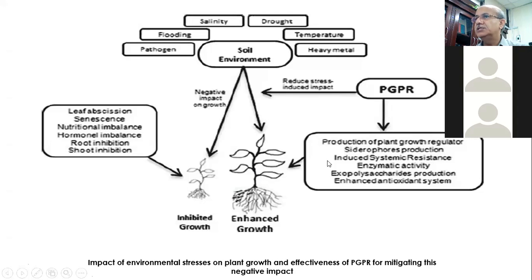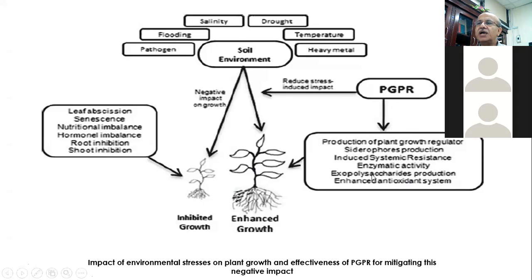How does that happen? That is through the production of plant growth regulators, through siderophore production, through induced systemic resistance, through enzymatic activity, through exopolysaccharides production, or through enhanced antioxidant systems.